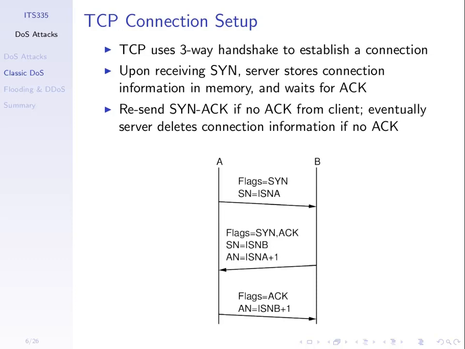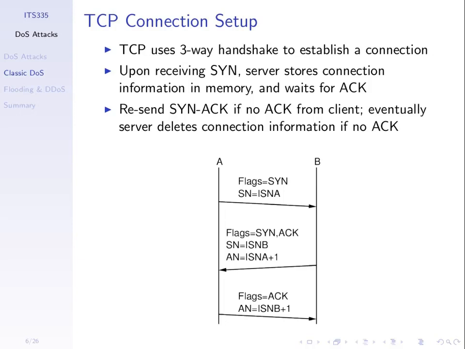After that, data is transferred. And this happens with all clients that want to connect to a server. When a client wants to set up a connection, in addition to exchanging these messages, the server will store some information about that connection.